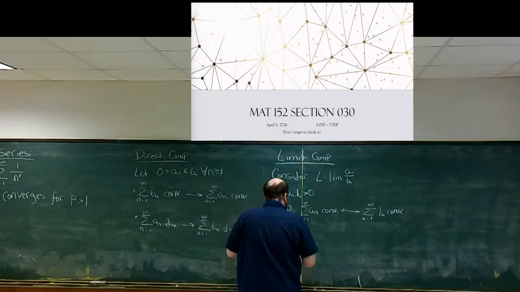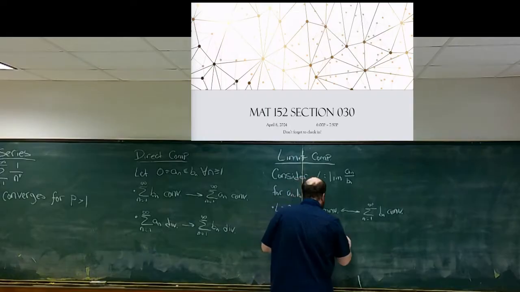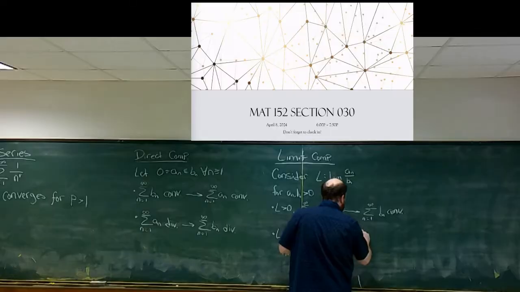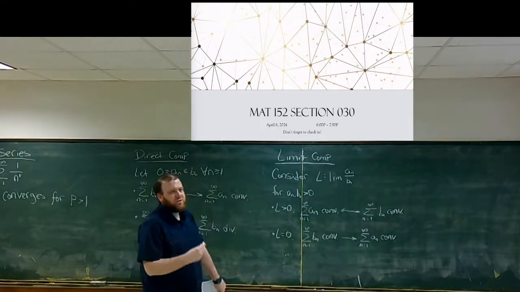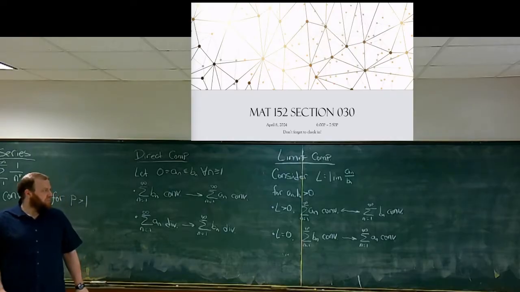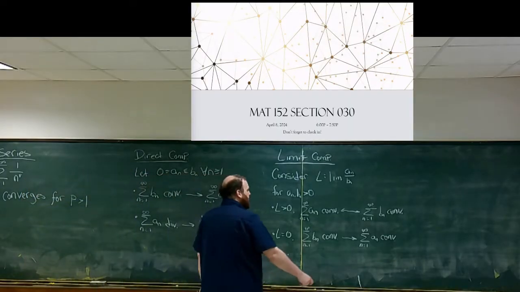If L equals 0 and b sub n converges, then so does a sub n. Is that if and only if? The first one's an if and only if.